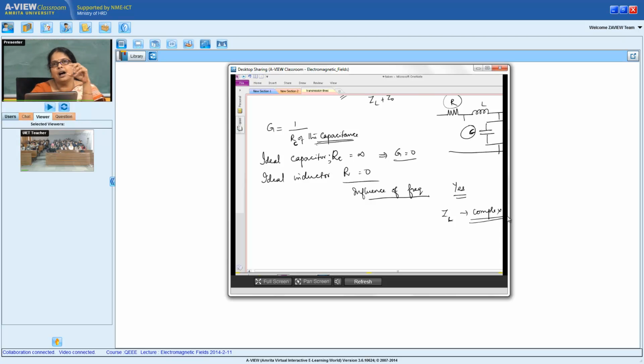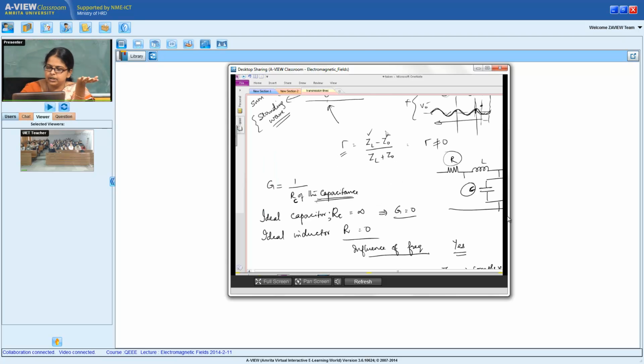Practical lines are typically close to ideal lines in terms of lossless nature. Even if it is lossy, to a first approximation you can put the value of Z naught with R and G inserted into those equations. The answer would still be the same.